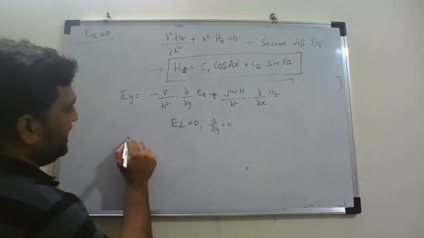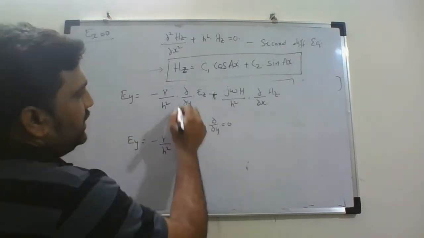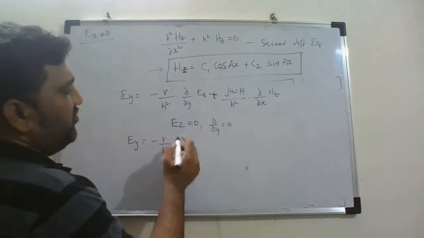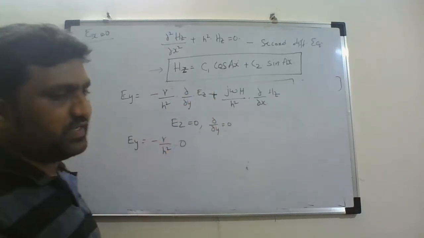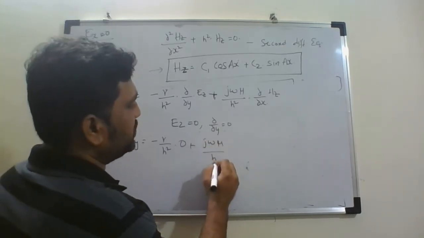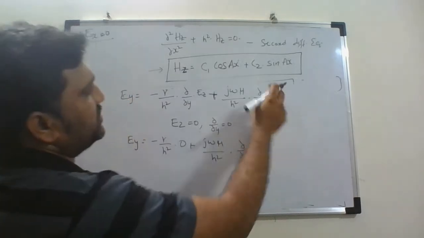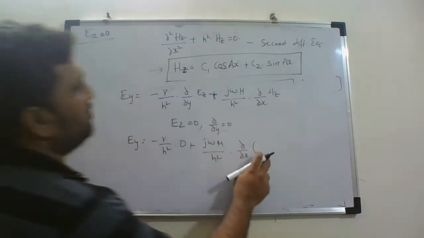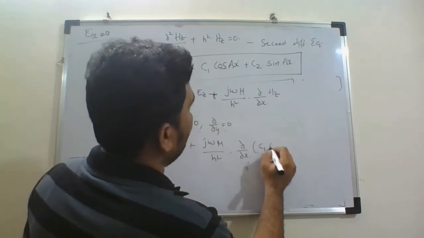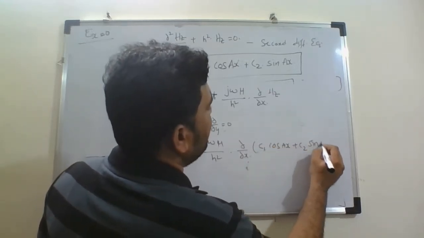So I will get Ey is equal to minus γ/h² into, both of them fall over here, so 0 into 0 is 0, plus jωμ/h² into ∂/∂x of Hz, which is not 0. So Hz is C1 cos ax plus C2 sin ax.